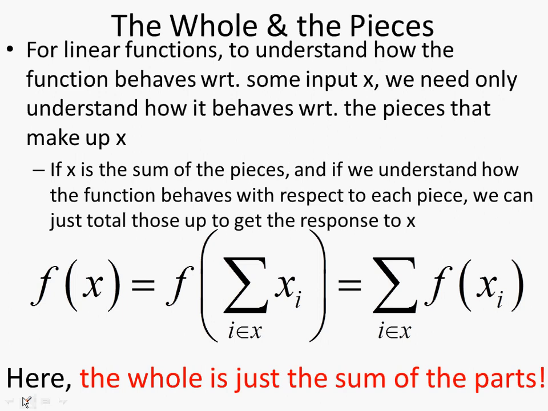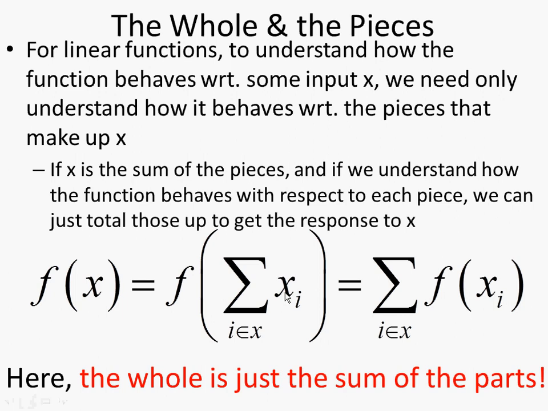It's this property of being able to divide things into pieces in engineering which allows us to, for example, if we have a circuit and we want to know how it will respond to a waveform, just decompose the waveform into particularly simple things, namely exponentials, sine waves and cosine waves, and we know how it responds to each of those in a very straightforward way, and so we just sum up those responses to get the response to the whole.